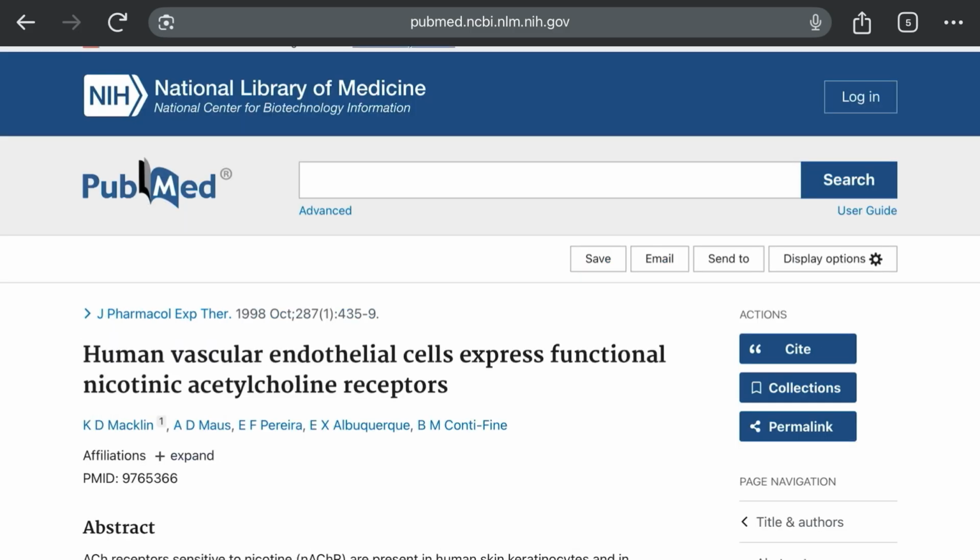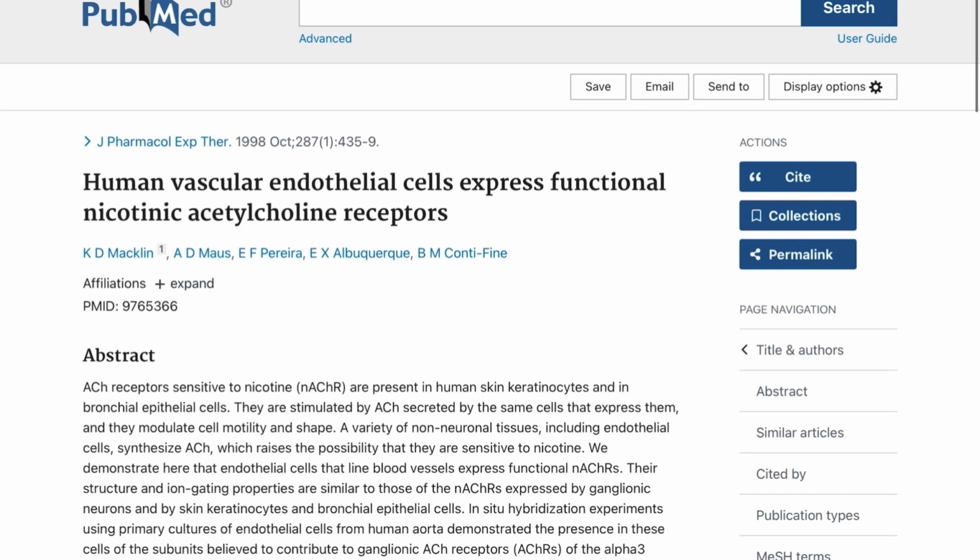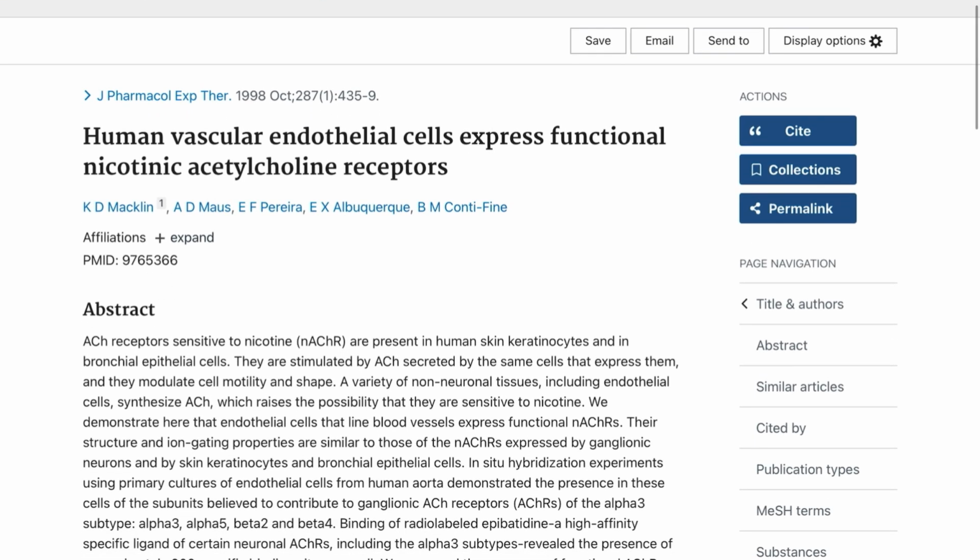And finally, this is the paper by Maclean et al., which was published a long time ago, in 1998. But they found the expression of nicotinic receptors in vascular endothelial cells. So now you know it's not only limited to neuronal cells or skeletal muscles, but nicotinic receptors are expressed in a variety of other types of cells, and they can play very different roles based on the cells they are expressed in.